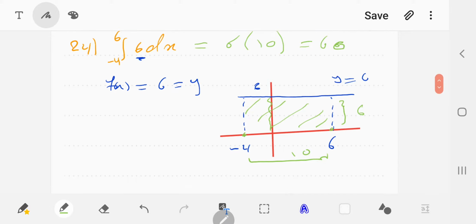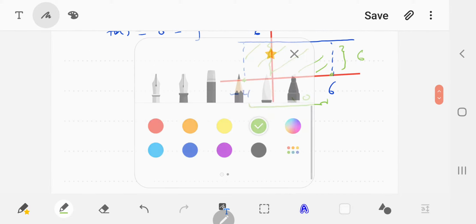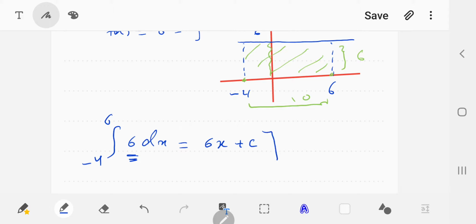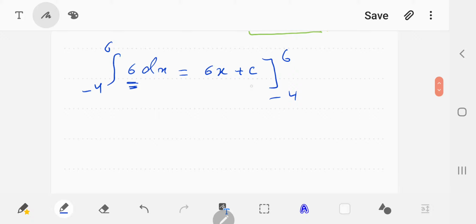Let's try to do this algebraically. I know it's not written in the question, but let's do it algebraically. Integration from -4 to 6 of 6 dx. As we said, this is a constant, so by the second rule of integration, the integration of a constant will be the constant times x, and as we said, plus c. I will write it just to remind you, from -4 to 6. Now, how do you evaluate this?